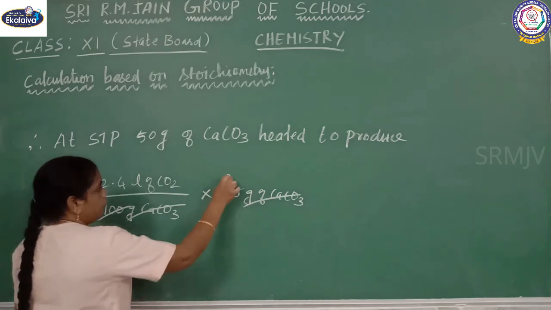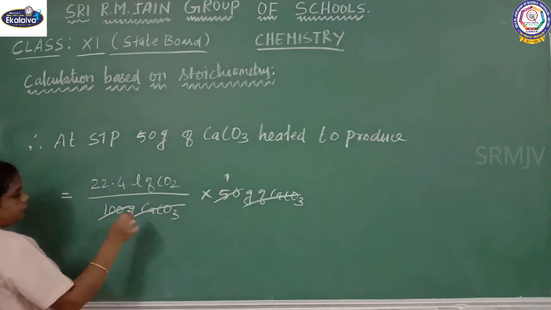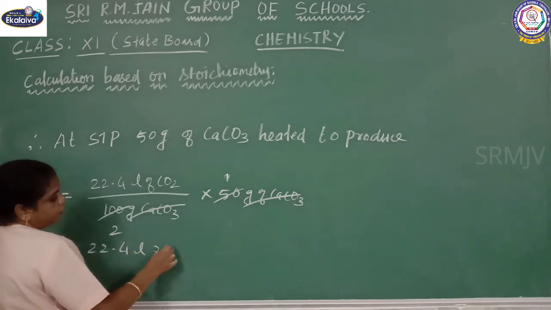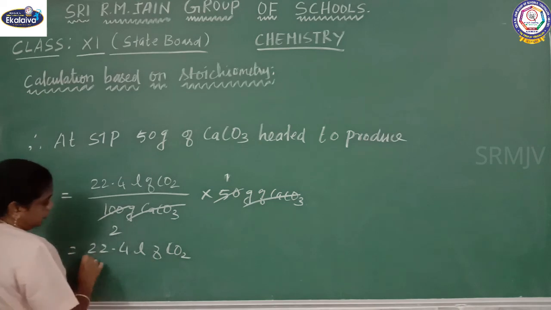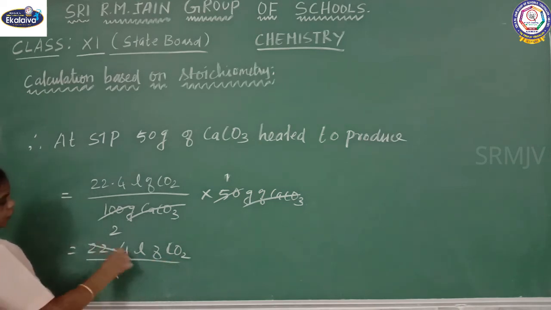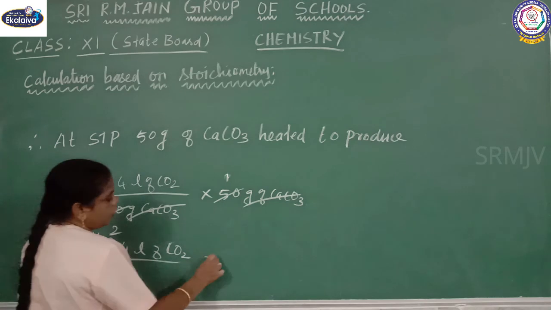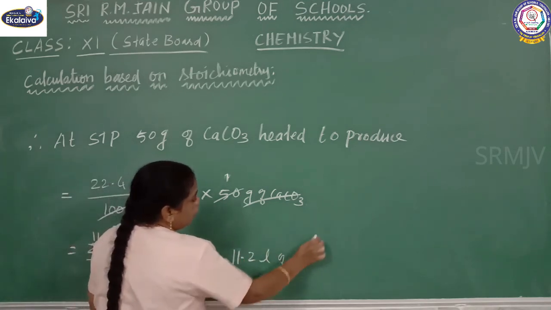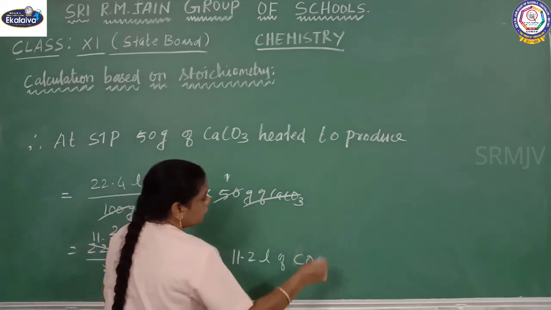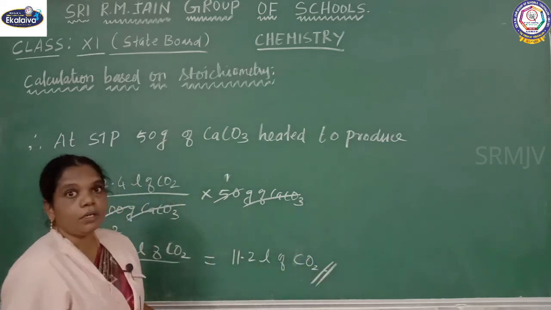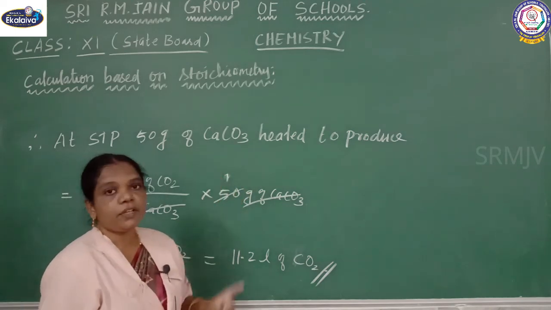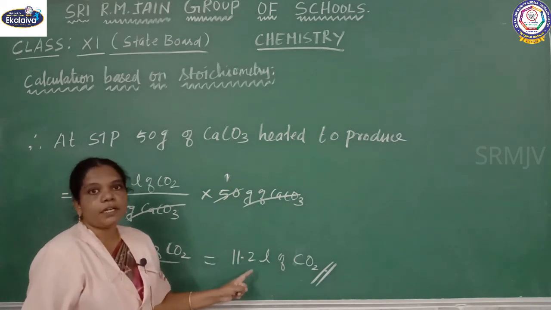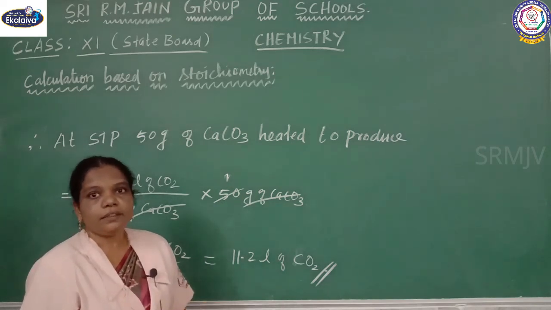Now this becomes 1 and 2 50s are 100. Now 22.4 liters of carbon dioxide divided by 2. Now this becomes 11.2. So how many liters? 11.2 liters of carbon dioxide. So if you burn 50 grams of calcium carbonate, it produces 11.2 liters of carbon dioxide gas.